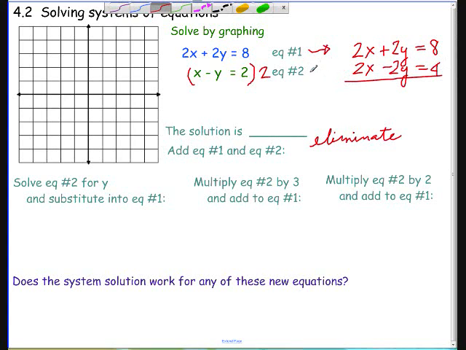Now, when I add these, now we know that in linear combination you can do subtraction too.